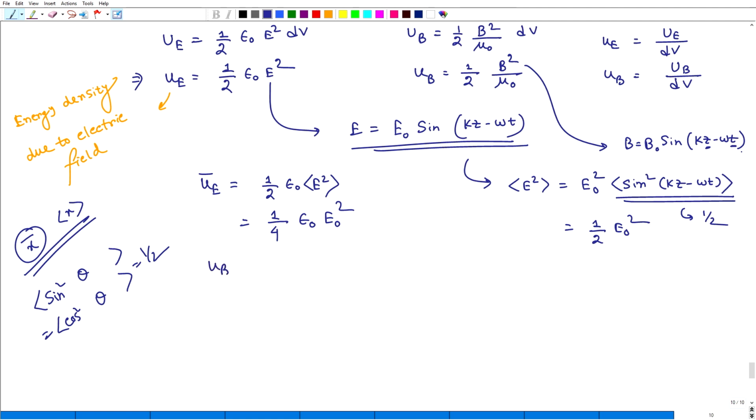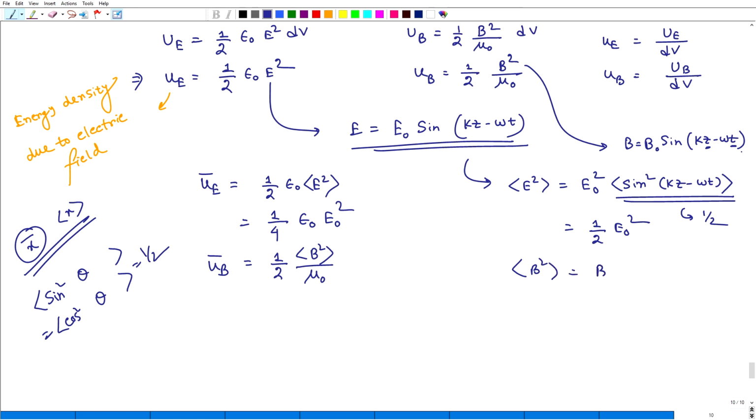Similarly, what will be the UB? Half of B square by mu naught, it is just B square average. So, again what will be B square average?